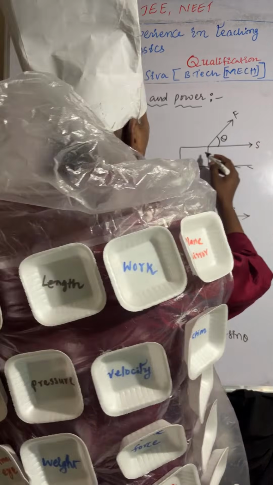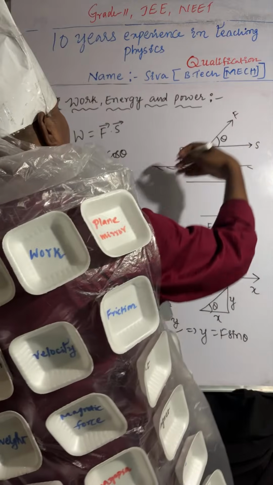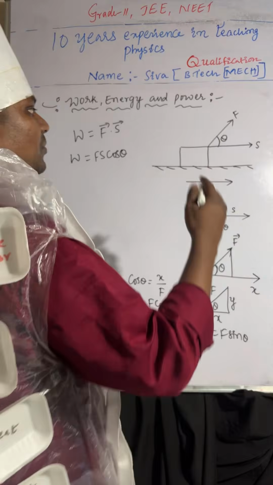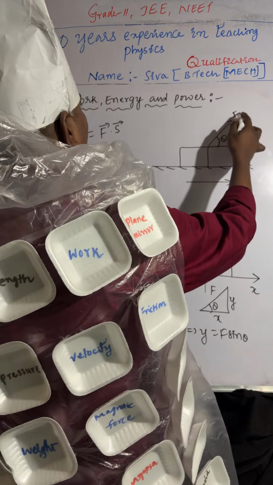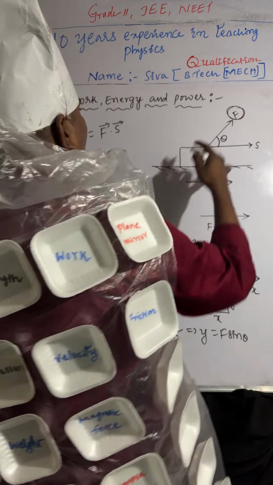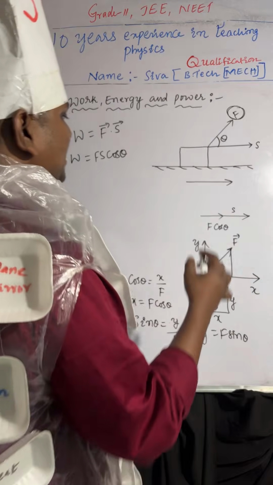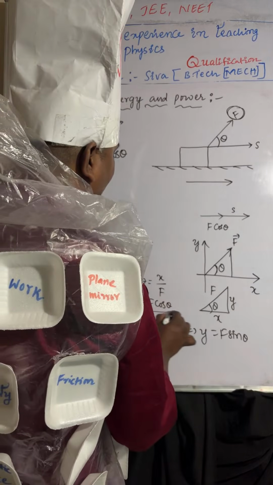Here the body is moving along the horizontal direction. Even though we are applying force with some inclination to the displacement, the body is still moving along the horizontal direction. If you resolve the force into two components along the x-axis and y-axis, along the x-axis it is F cos theta.